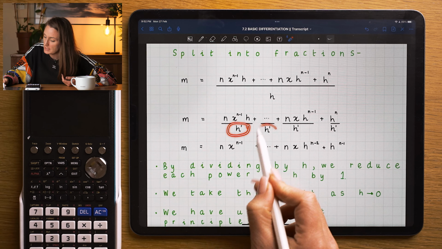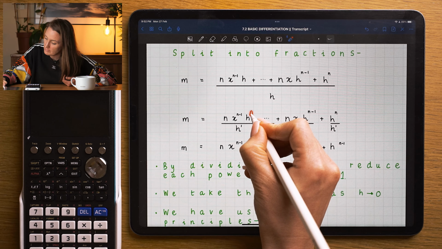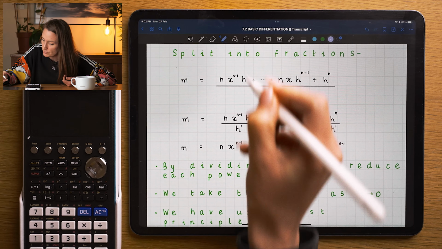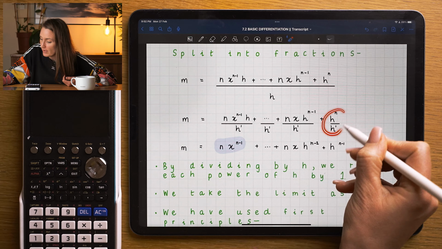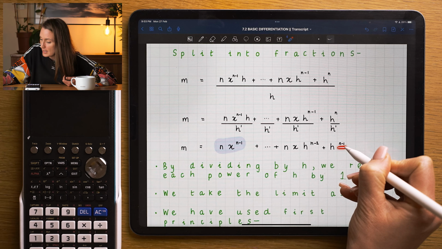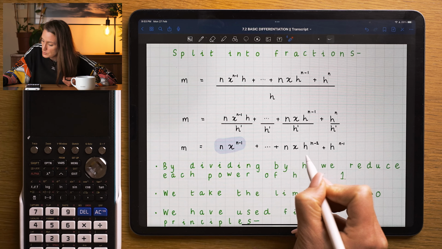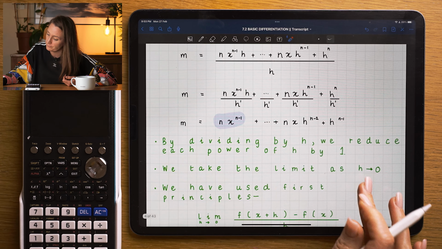Okay, so imagine each one was divided by h. Now, the first expression, where we did have an h to the 1, is independent of h. That's important. We're going to need that later. And the highest power of h is now h to the n minus 1. And this would start in being h to the 1, h to the 2, increasing all the way up to h to the n minus 1.